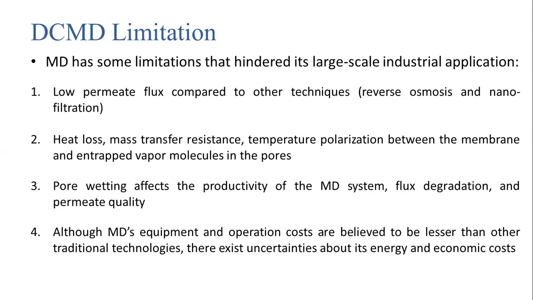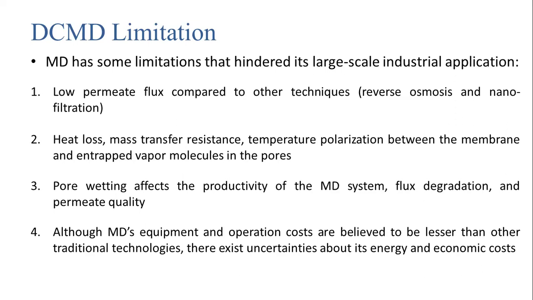The membrane tends to fail if it's not a proper membrane, and then it will have a wetting stage. When the membrane is wet, it will allow the salt through, or if you want, it will allow the two channels to mix together. Then the DCMD is not working properly.